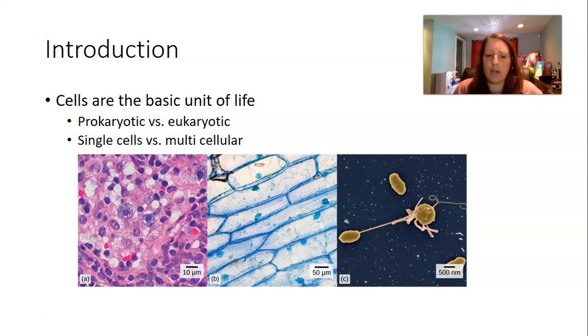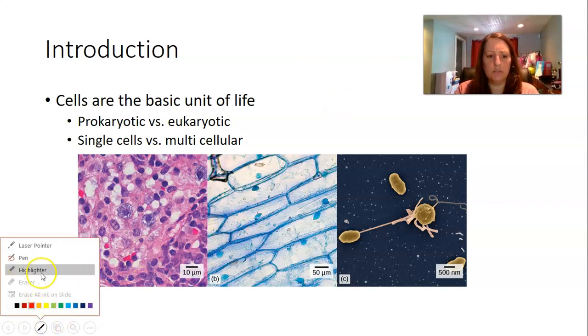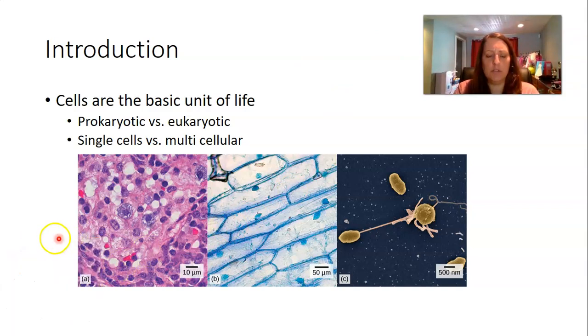This figure is straight out of your book. It's showing you mostly multicellular organisms, and then we've got a figure there showing some single-celled organisms. And so if we look here, let me grab my pointer. Here in this first figure, again, we're showing multicellular organisms.